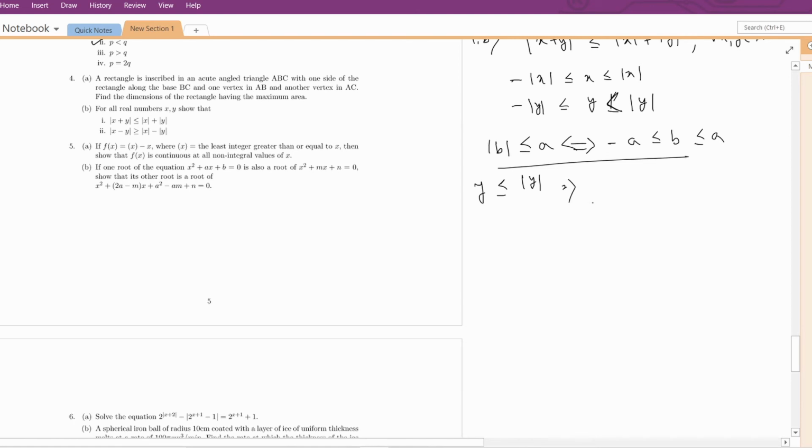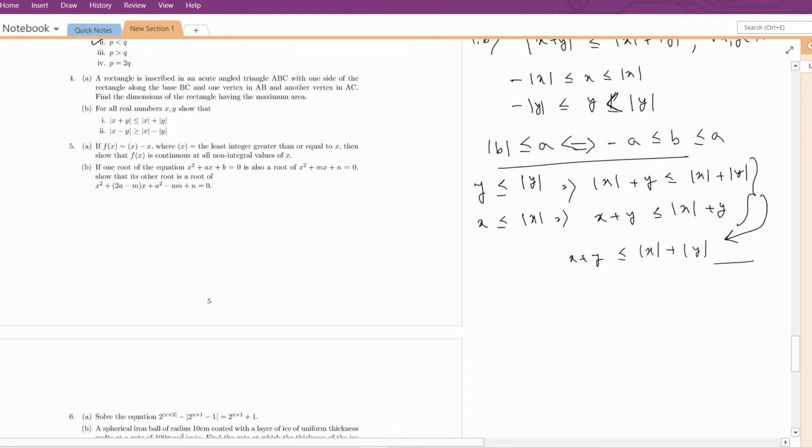If we add mod x to both sides, then we get x plus y is less than or equal to mod x plus mod y, and again for x less than or equal to mod x, if we add y to both sides, then we get x plus y is less than or equal to mod x plus y. Now from these two we can write x plus y is less than or equal to mod x plus mod y. This is number 1.